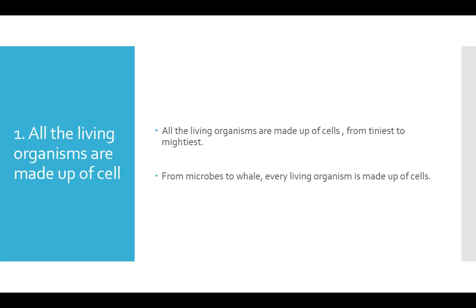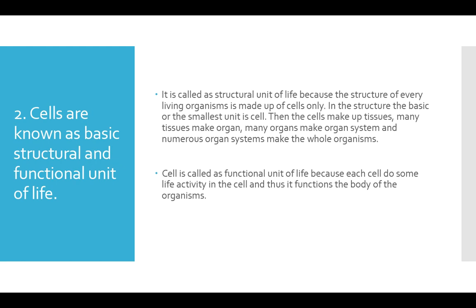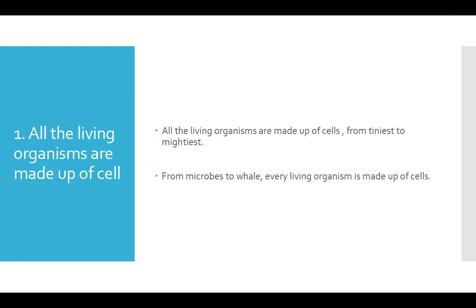The first cell theory is that all living organisms are made up of cells, from the tiniest to the mightiest. From microbes to the whale, from the smallest to the largest living organisms, they are all made up of cells. This was given by Schleiden and Schwann.